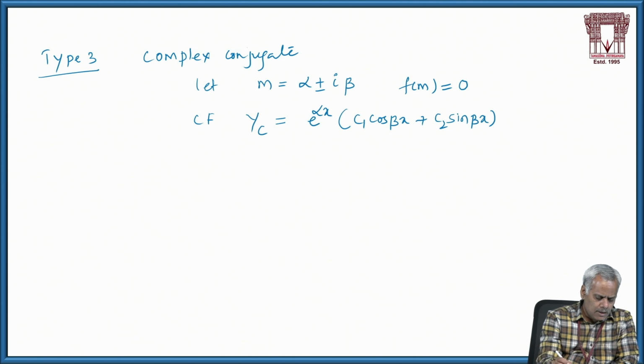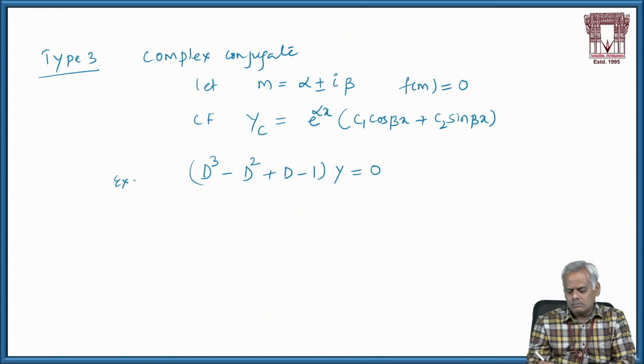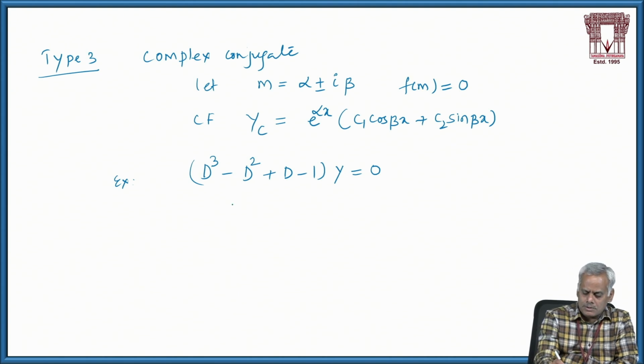For example, consider a differential equation (D cubed minus D squared plus D minus 1) of y is equal to 0. So again it is a homogeneous linear differential equation of third order with constant coefficients.